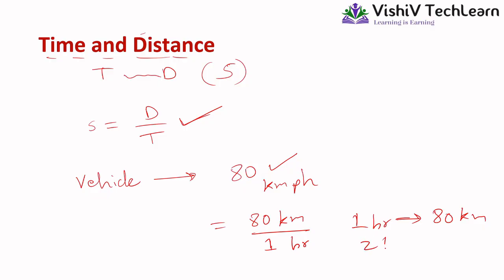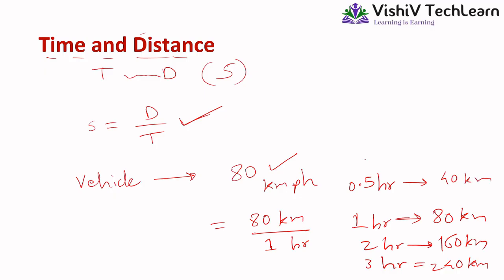Similarly, within 2 hours, it will cover 160 kilometers. Within 3 hours, it will cover 3 times, which is 240 kilometers, and so on. Similarly, within 0.5 hours or 30 minutes, it will cover 40 kilometers, and this way also we can deduce it. So this is the logic.